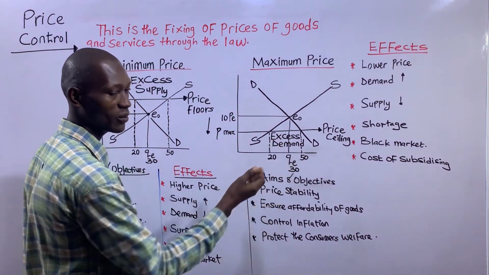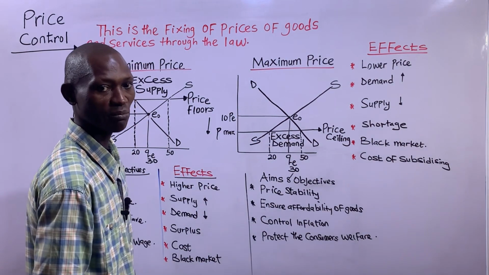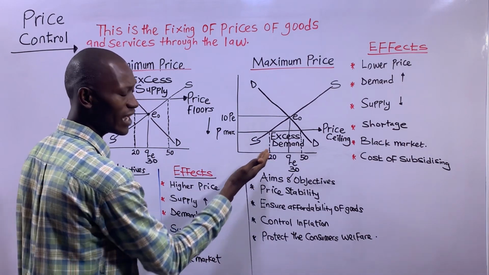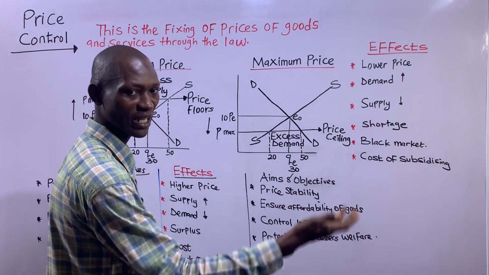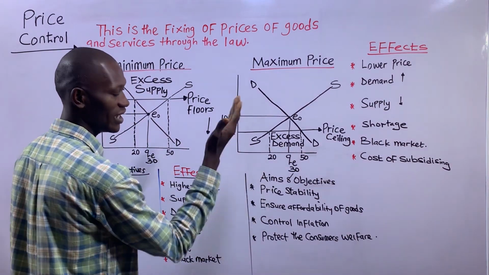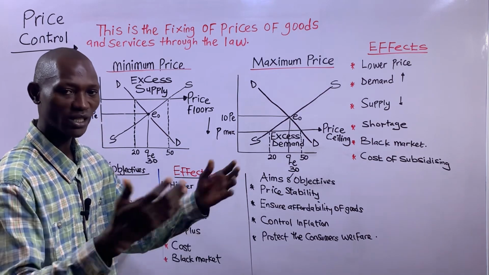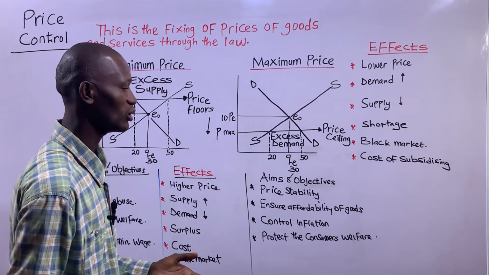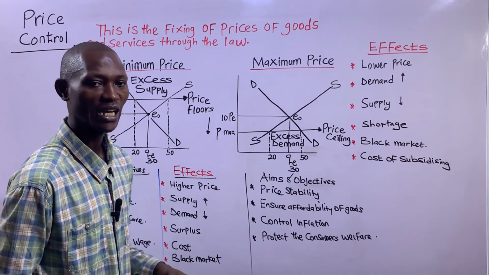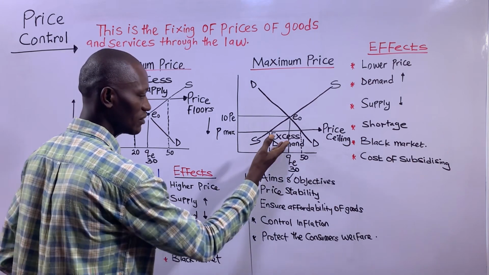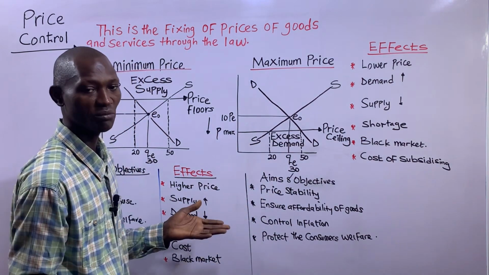So as a result, they will resort to getting it in the black market, and that will be at a very high price, because here there is excess demand, and each time there is an excess demand, it will create a scenario of survival of the fittest. So survival of the fittest, some will not be able to get it.